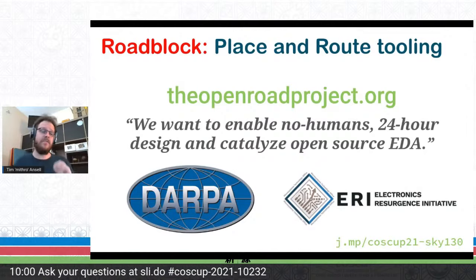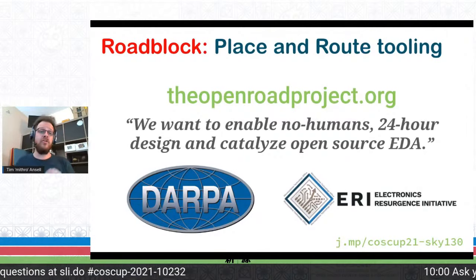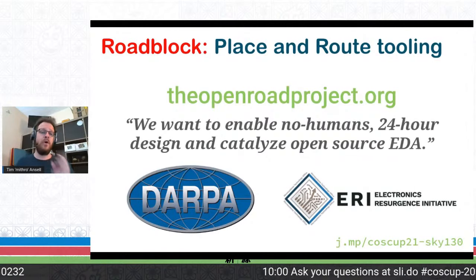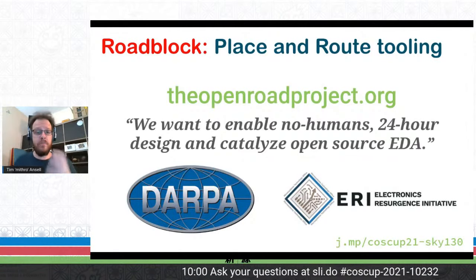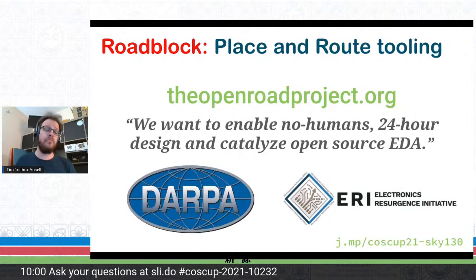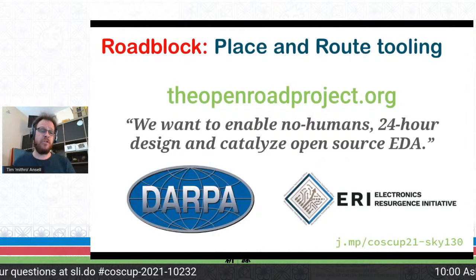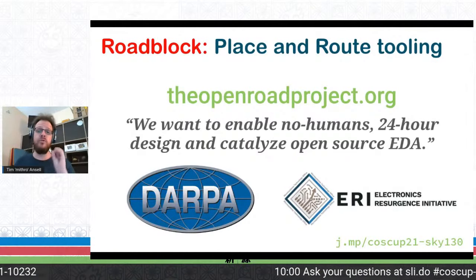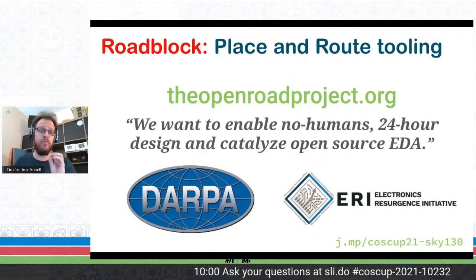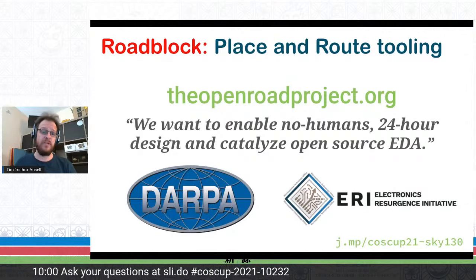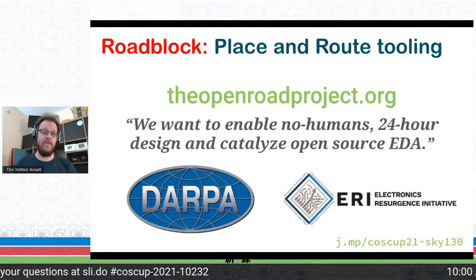And like us, they're heavily focused on how do you remove humans from the ASIC design process. At the moment, humans are heavily involved in fixing the output of these EDA tools, whereas the Open Road Project is aiming to take RTL and produce manufacturable results without a human needing to fix up anything in the process. And they want to do it within 24 hours.